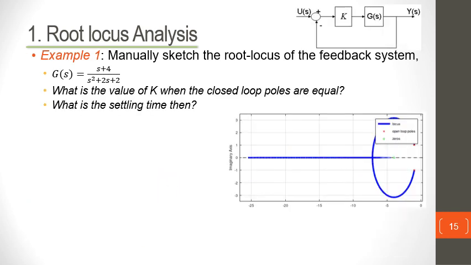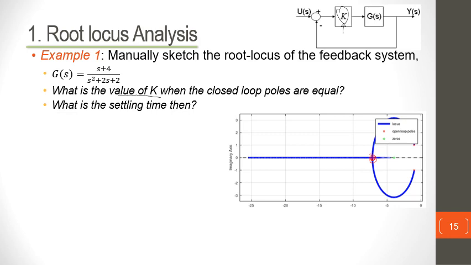So what other interesting question may we answer now that we have figured out the root locus? For instance, what is the value of K, or what should the K parameter be set to, so that the closed loop poles are all equal?